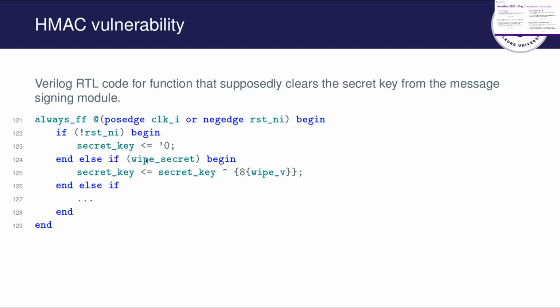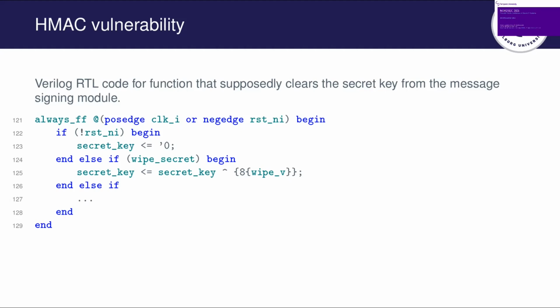But otherwise, if there's a write to this wipe secret flag, then the secret key used in the hash-based method authentication signing process gets overridden by the secret key XORed by 8 copies of this wipe value.